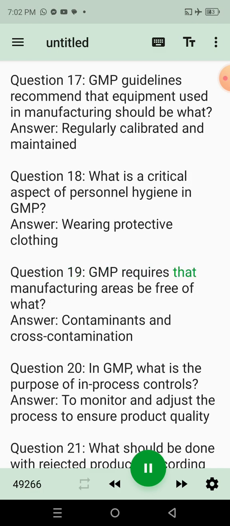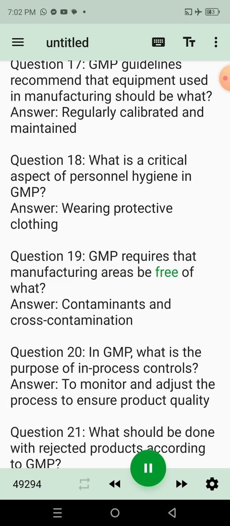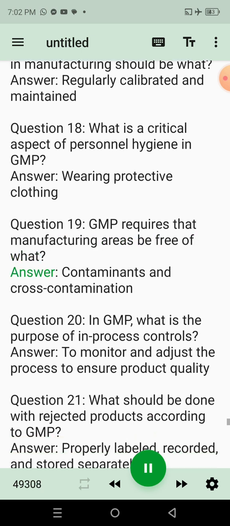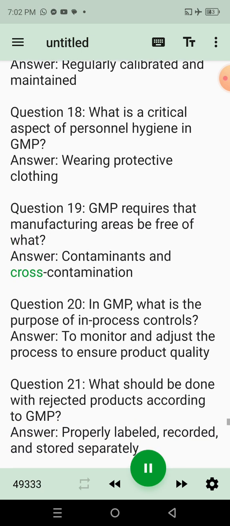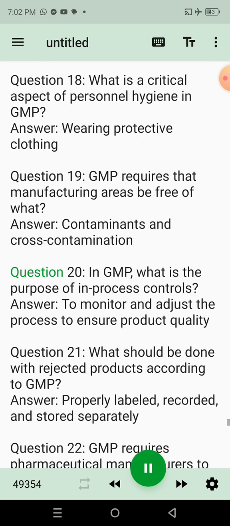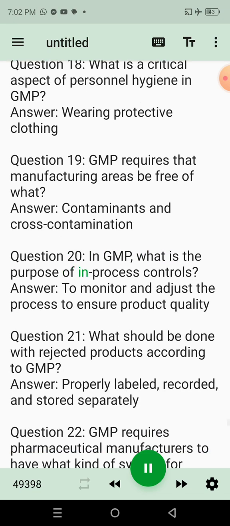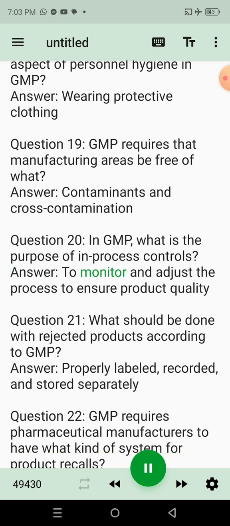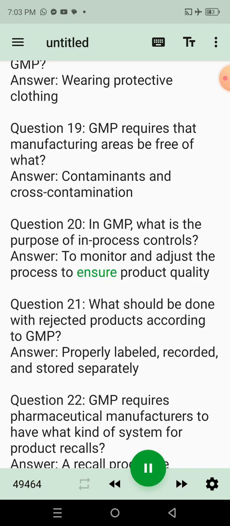GMP requires that manufacturing areas be free of what? Answer: Contaminants and cross-contamination. Question 20. In GMP, what is the purpose of in-process controls? Answer: To monitor and adjust the process to ensure product quality.